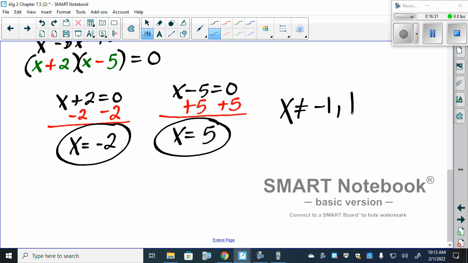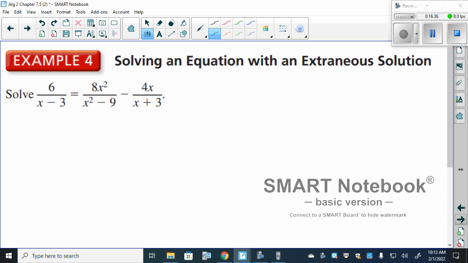Questions on this here? Okay, we'll definitely need to find the restrictions here. Do we know why? Solving an equation with, you kind of said it in the title. Okay.